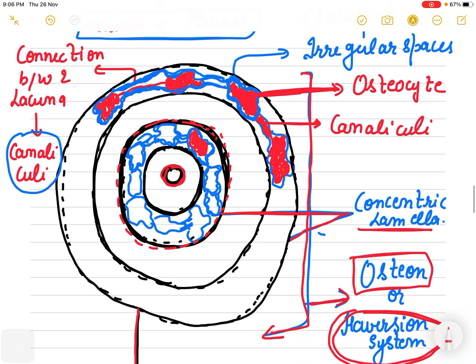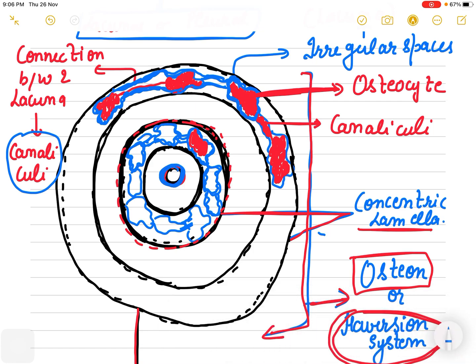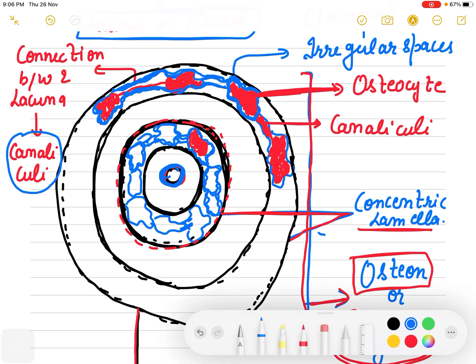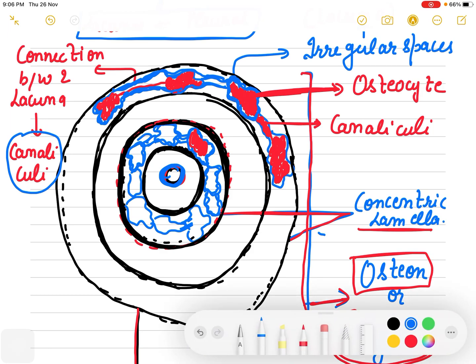One more time we will see what is happening. This is one Haversian canal, around which many rings are arranged, and these rings are known as concentric lamella. In between these concentric lamella there are spaces like this. Let's draw them.